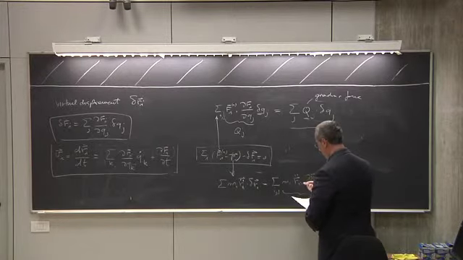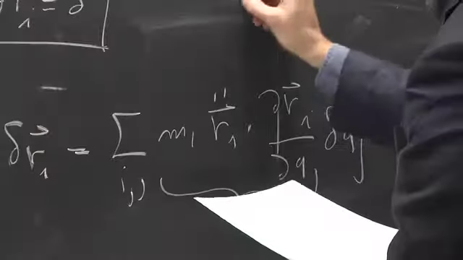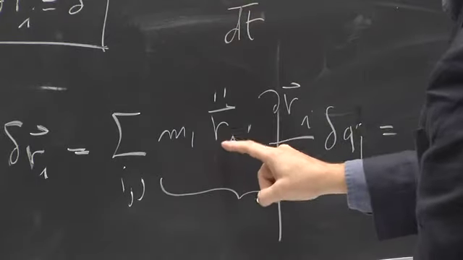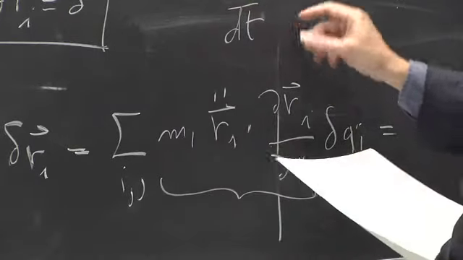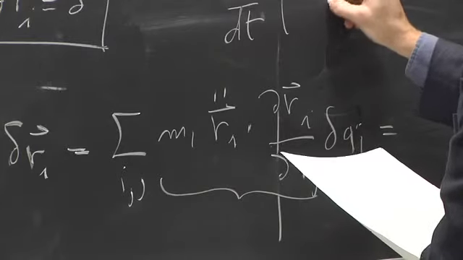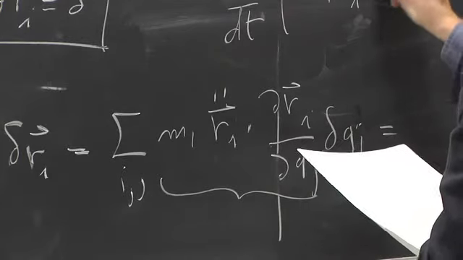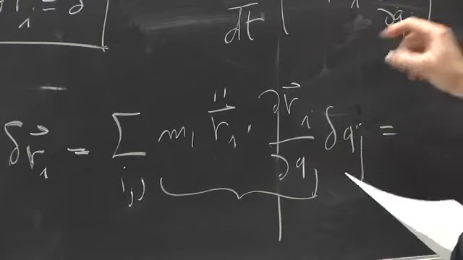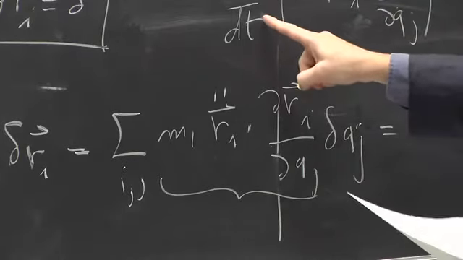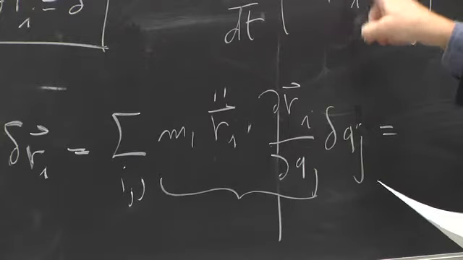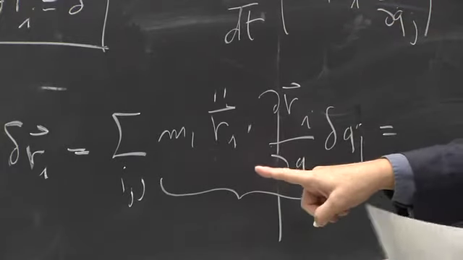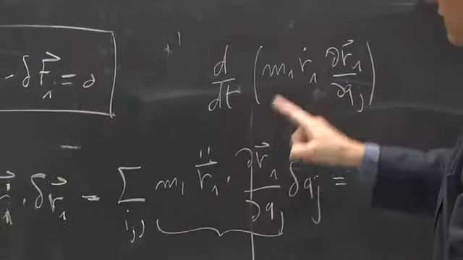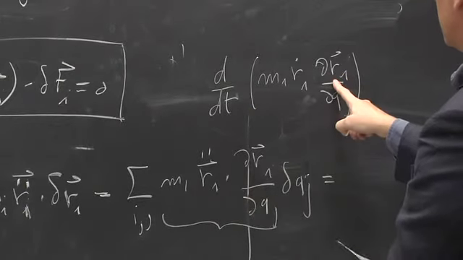I want to pull out, let's pull out one derivative, right? So d/dt of m_i r dot i times dr_i/dqj, right? So this goes through, it hits this, and it gives me this, right? But this is not equal to this, because then this hits that.